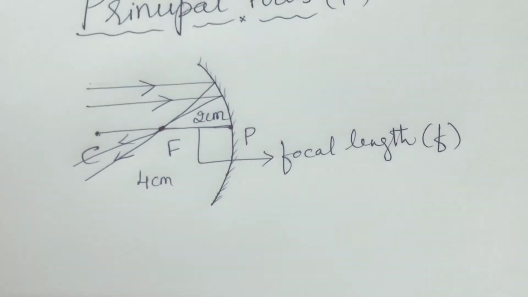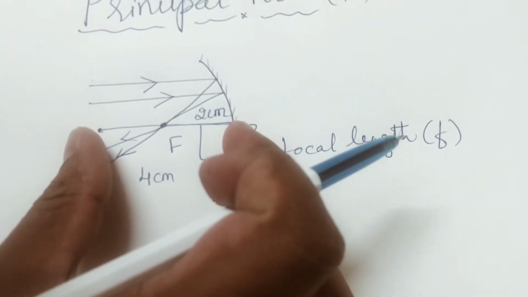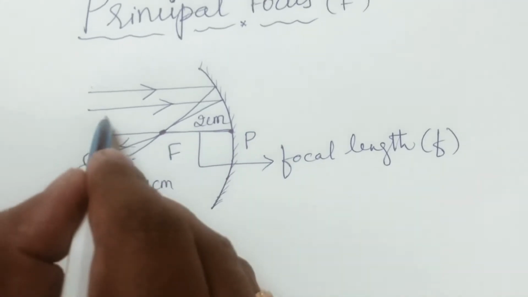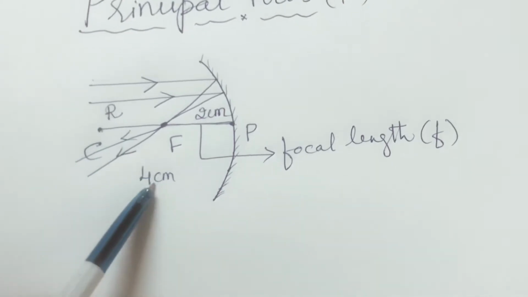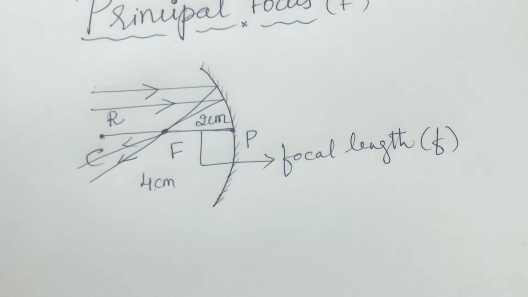We have to remember the focal length will always be half of this. From here to here we consider the radius of curvature R. If the radius of curvature is 4 centimeter, then the focal length will be 2 centimeter.